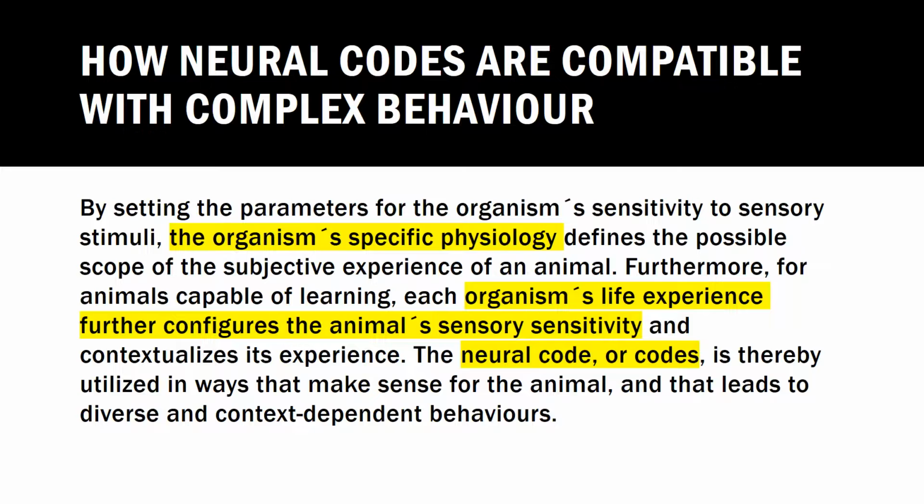So in this way, I think that we can say that the neural code or neural codes is utilized by animals in ways that make sense for the animal and that leads to diverse and context-dependent behaviors. And now I should wrap it up.